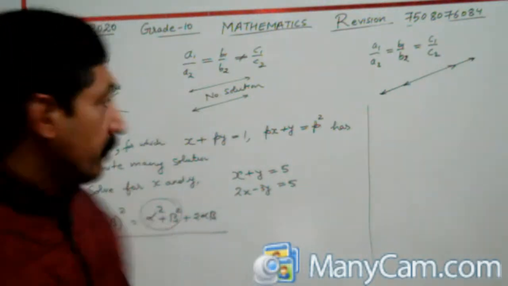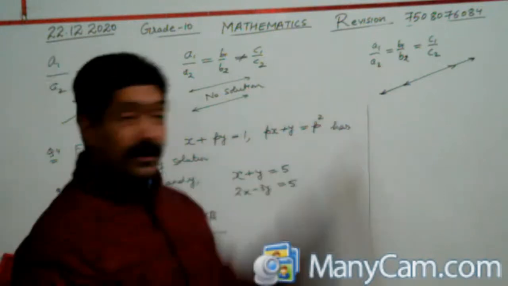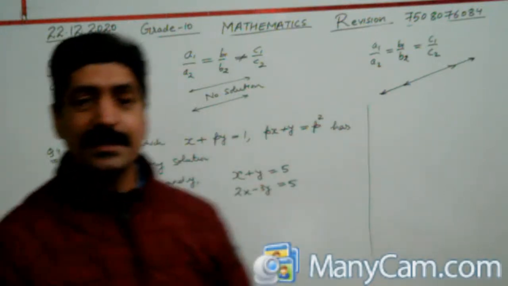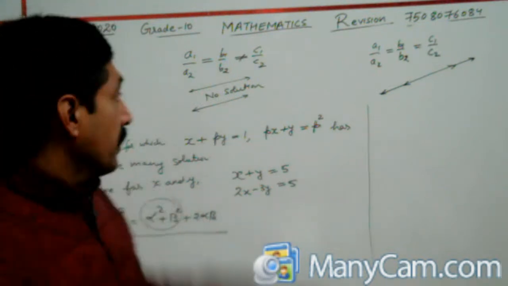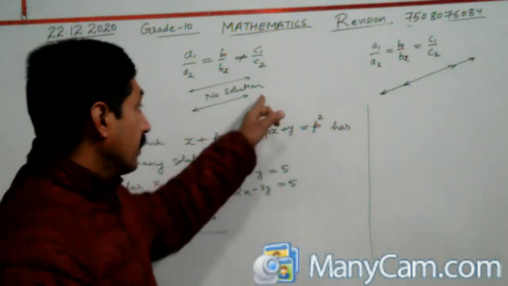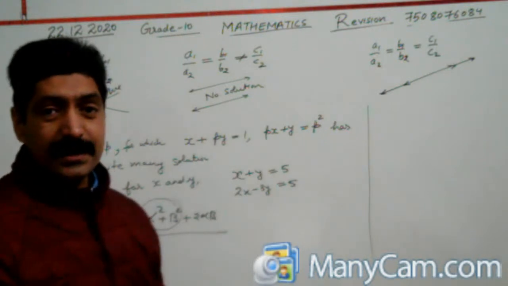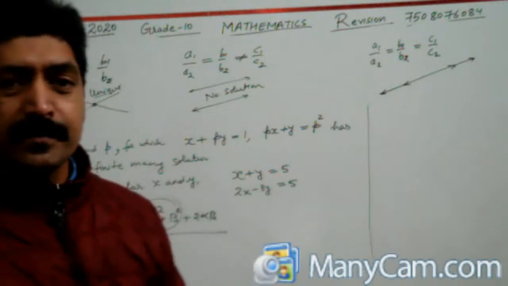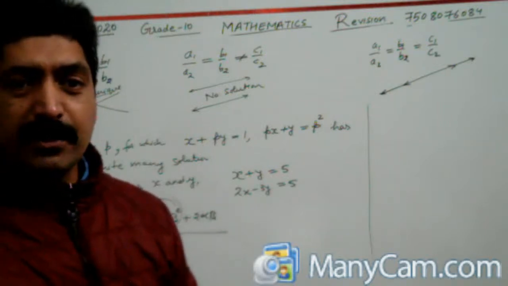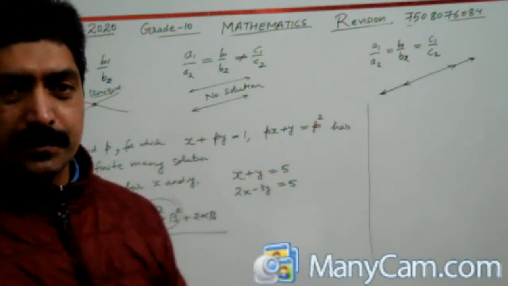Here in the first and third, the pair of equations is consistent, whereas in the second one, the pair of equations is inconsistent, when the lines are parallel, or we say the pair of equations has no solution, right?